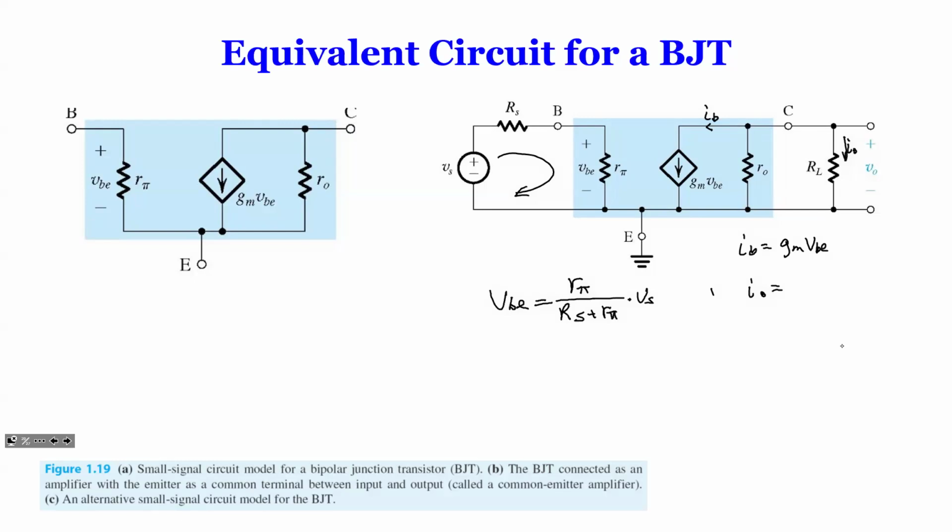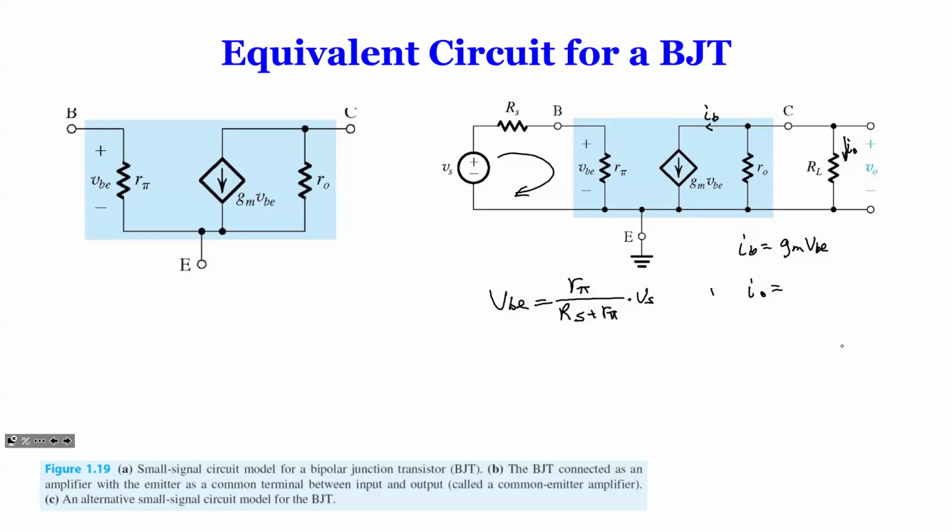Can we do it together? What is the relation between RO and RL? But what's the connection type between RO and RL? It's a parallel connection. If it's a parallel connection, it's going to be a current divider, right?